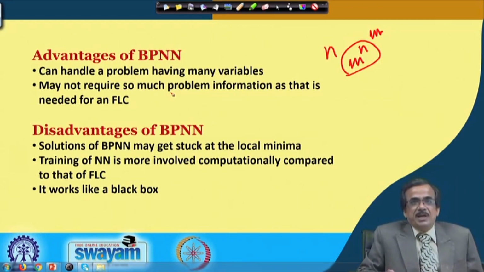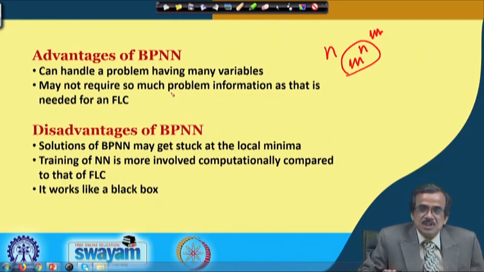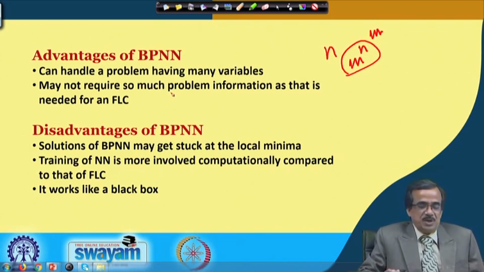The next is, it may not require so much problem information which you need in a fuzzy reasoning tool or fuzzy logic controller, because while discussing the fuzzy reasoning tool, we have already discussed that its performance depends on the database and the rule base, and if the designer wants to design the database and the rule base initially, he or she should have at least some initial information of the process to be controlled.